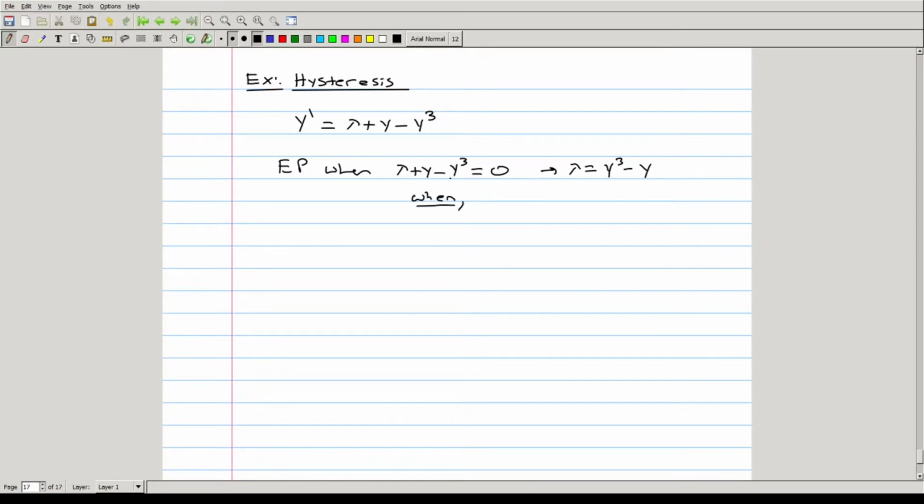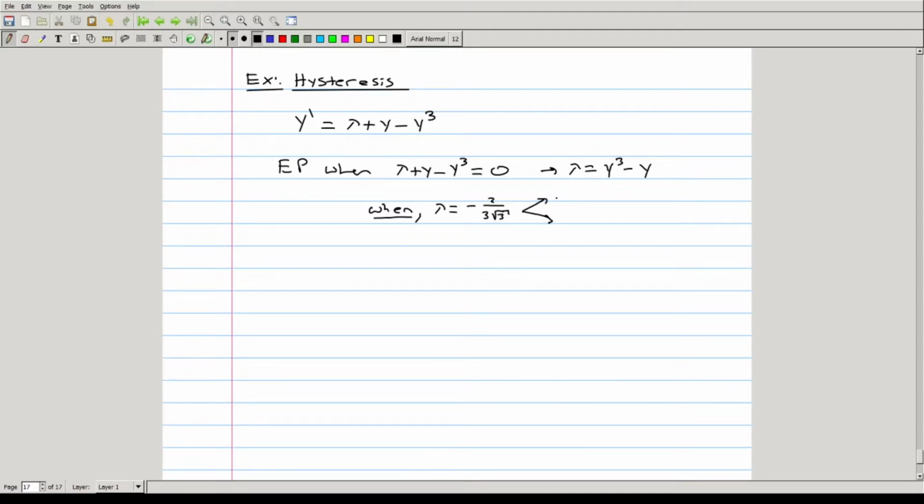So we'll just look at when lambda equals negative 2 over 3 square root of 3. We have two special solutions, and this is going to be directly verified.